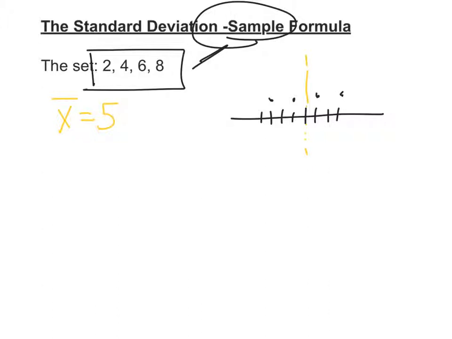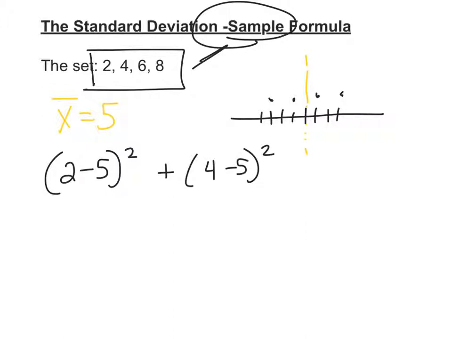Right? And now we're going to take the difference from each point, subtract it by 5. So we have 2 minus 5, and then we're going to square that. Plus 4 minus 5, square that. Then 6 minus 5, square that. 8 minus 5, square that.